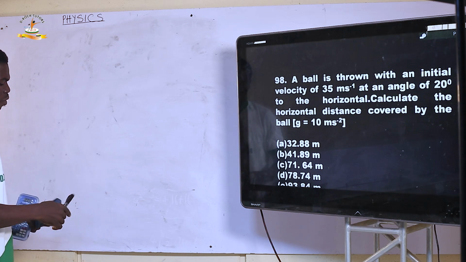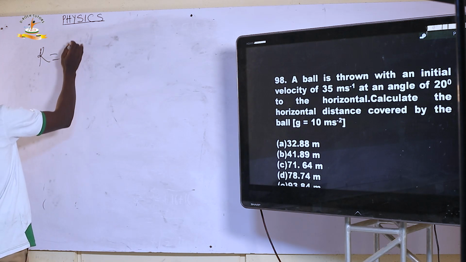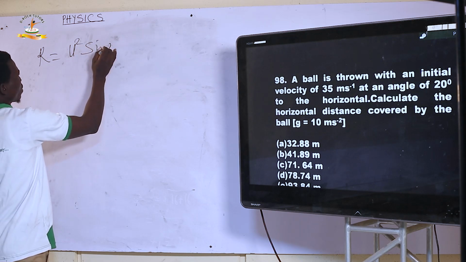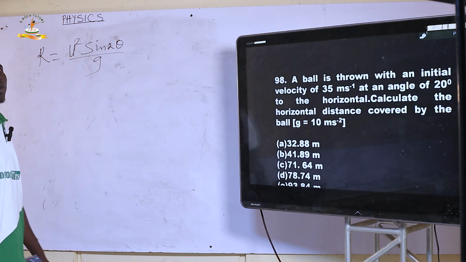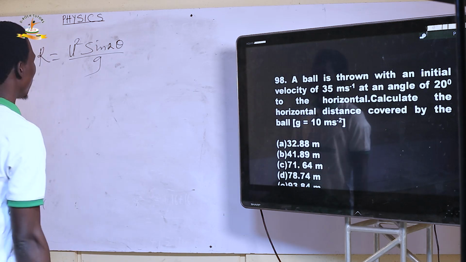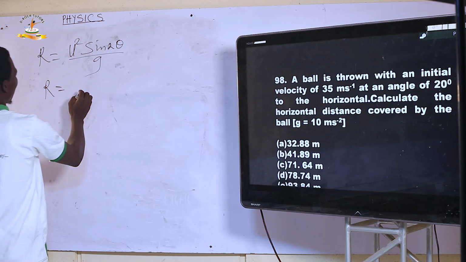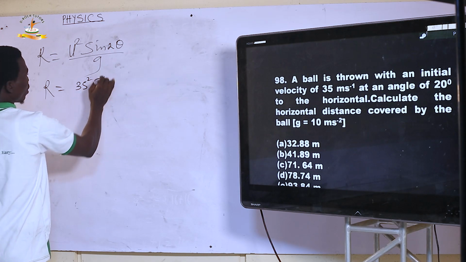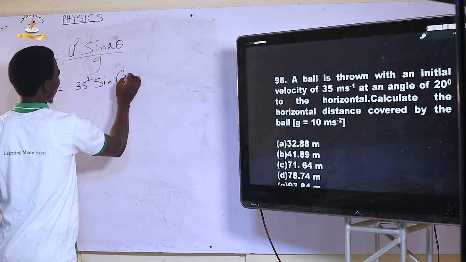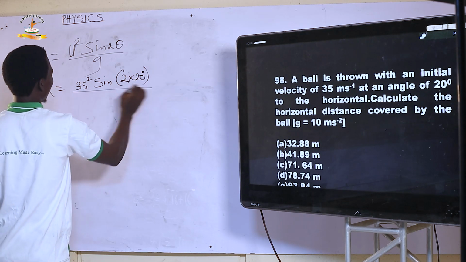Let's see. There is a formula for range, and we say R equals U squared sine 2 theta all over g. That is the formula for range of a projectile. And we say R equals 35 squared sine 2 into 20 degrees all over 10.